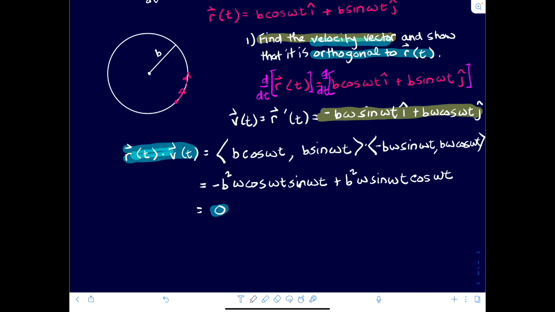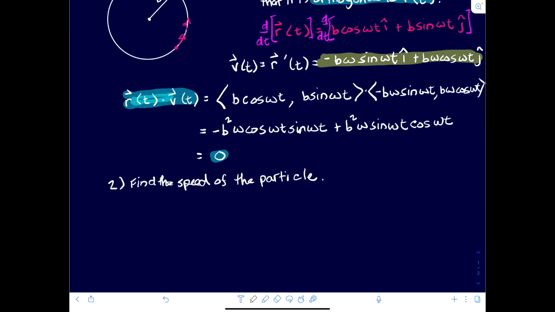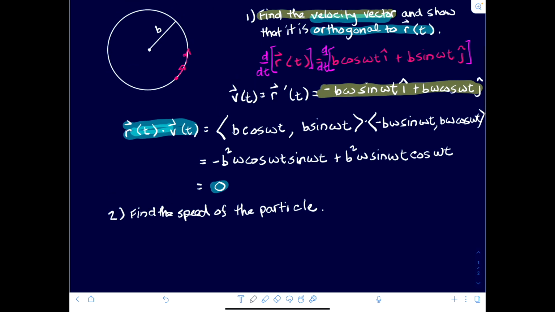All right. So, in general, if we find the speed of the particle, well, remember that speed is the what? Beautiful. Speed is the magnitude of the velocity vector.